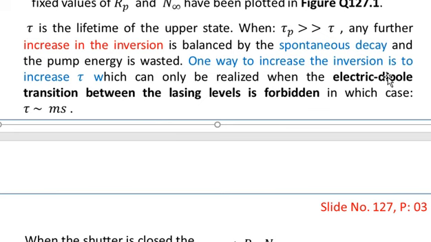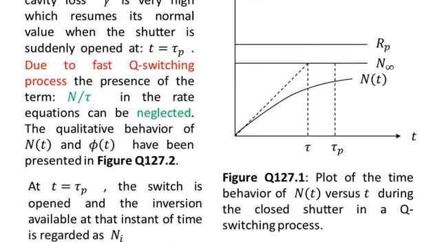If we choose such materials in which the electric dipole transition between the lasing levels is forbidden, then for such levels we can have a spontaneous lifetime of the upper state level of the order of a millisecond, that is at least 3 orders of magnitude greater than in the usual case, and in that case the population inversion, that is N of t, could be made closer to the value of N infinity.